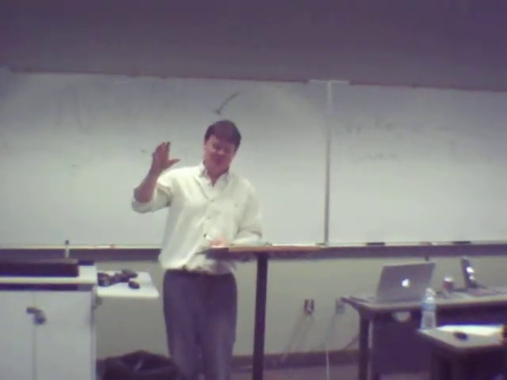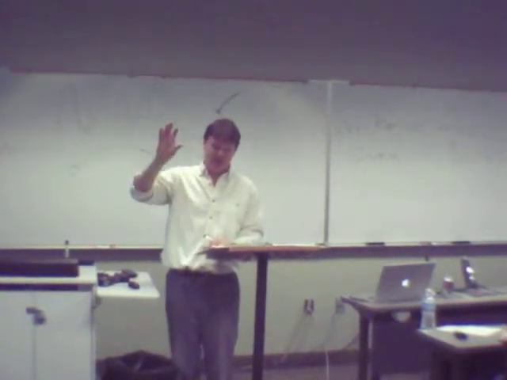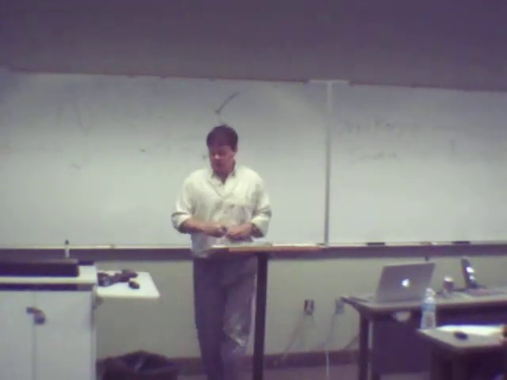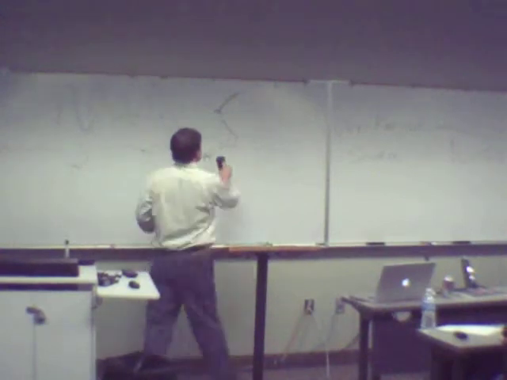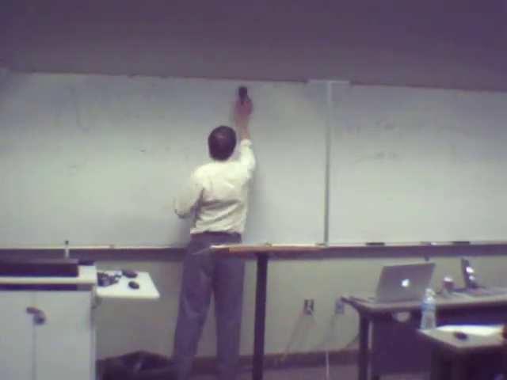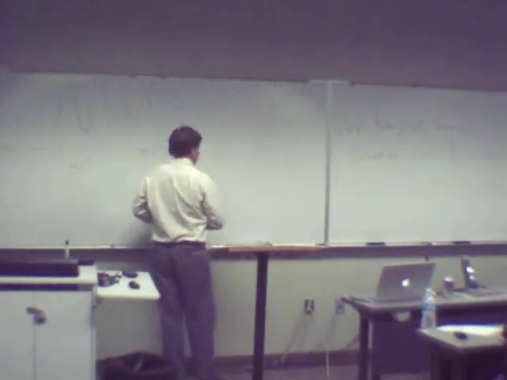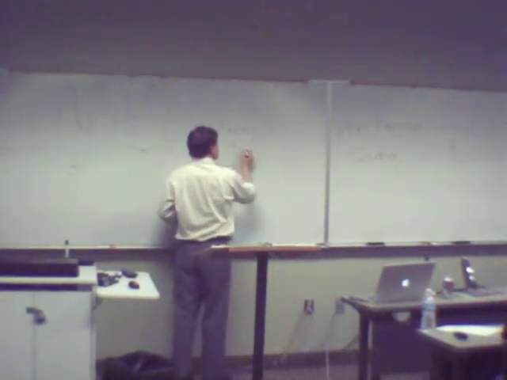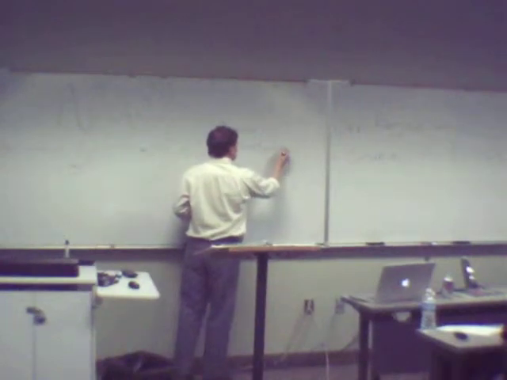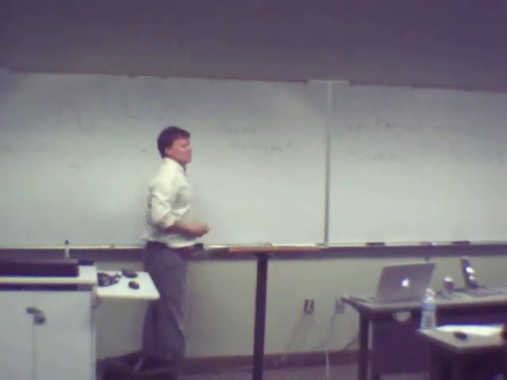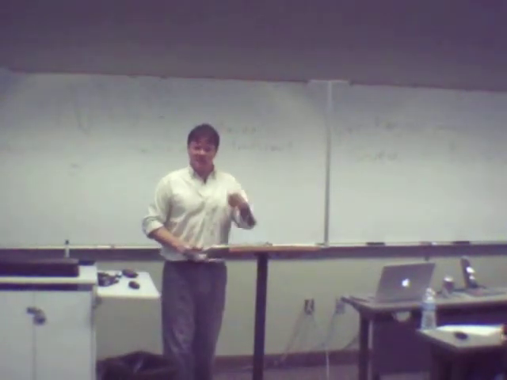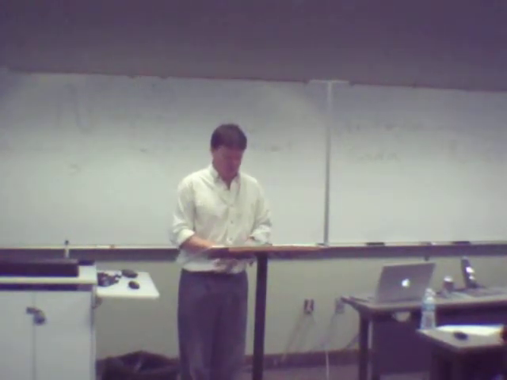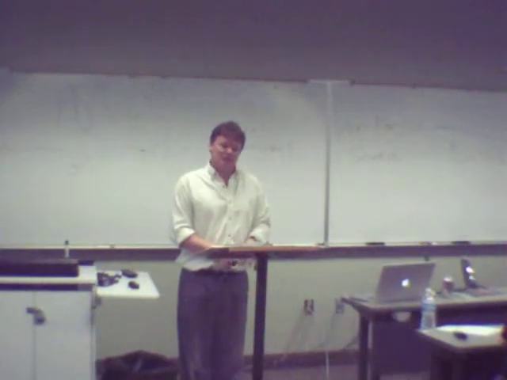There's two ways we transport stuff up and down an axon: nutrients, waste products, etc. We have axonal transport and we have axoplasmic flow.